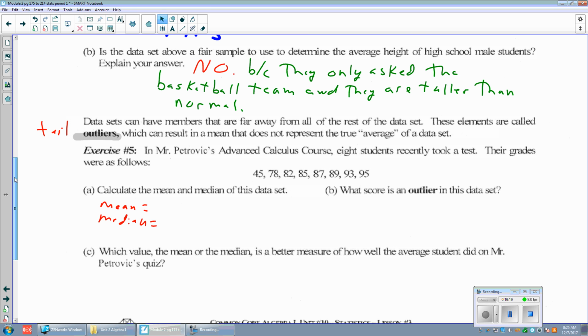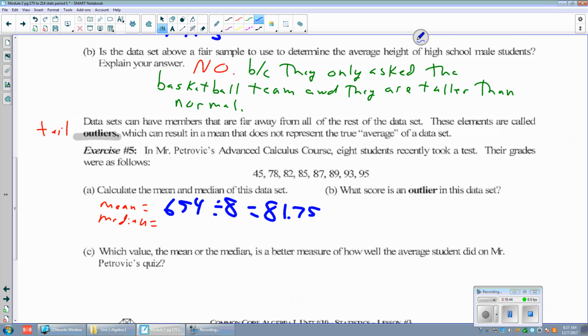Okay, do those calculations. Tell me what they add up to. 654. What do we divide by? Divide by 8. What does that equal? One more time. 81.75. Does it tell us to round? It doesn't. That is a nice number.